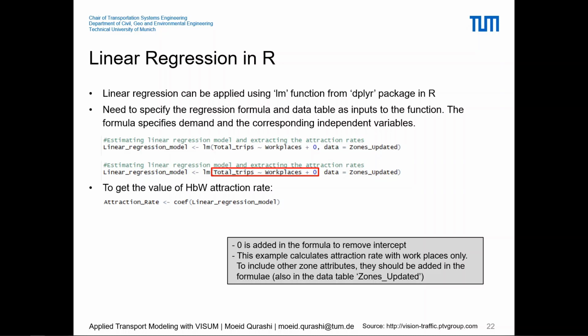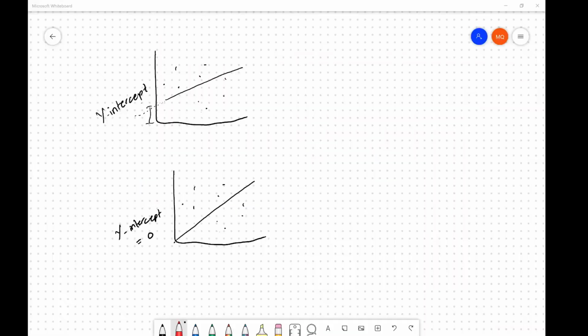Yeah, so this is the formula: total trips equals workplaces plus 0. The 0 is also like the C coefficient. Let me give you a demonstration here. This is a basic example of a linear regression model, and in the top one, the best fit line is crossing the y-axis at an intercept.